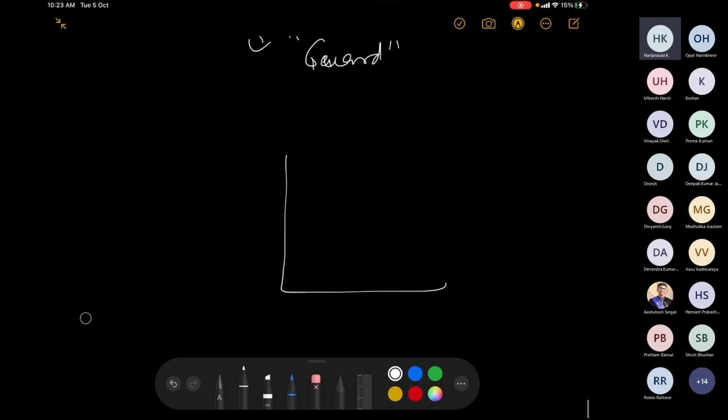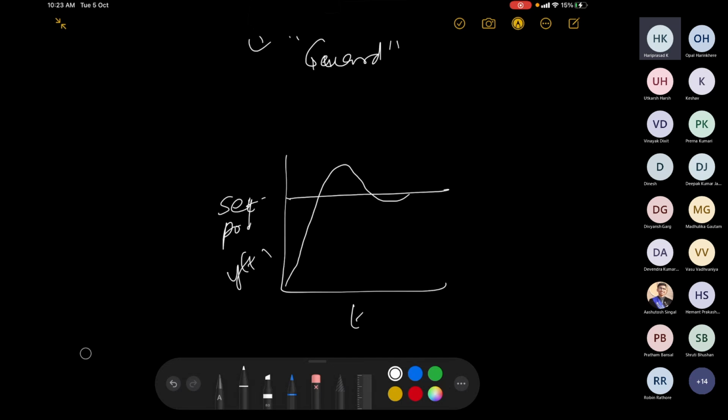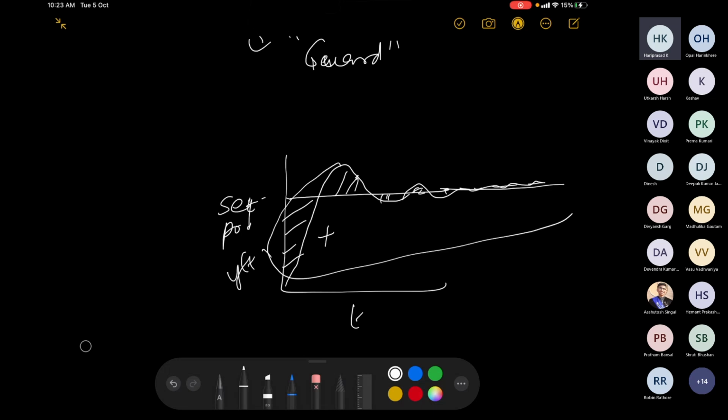So let's say this is your set point, this is where you need to reach, and this is y of t with respect to time. Consider a second order kind of dynamics, eventually controlled by means of a controller. This is an error, and let's assume some convention: this is positive, this is negative, this is positive, negative. You would see that whenever you do this whole summation, there would be some residual error remaining.